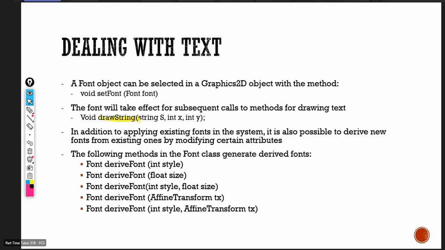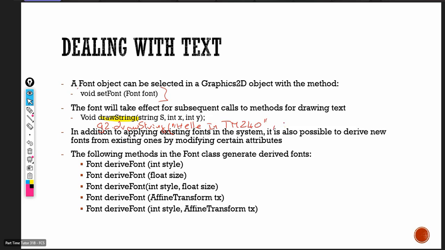So let's suppose that I want to draw the string "hello in EE201". After preparing the font, I use g2.drawString, and then I make the message, for example "hello in TM240".